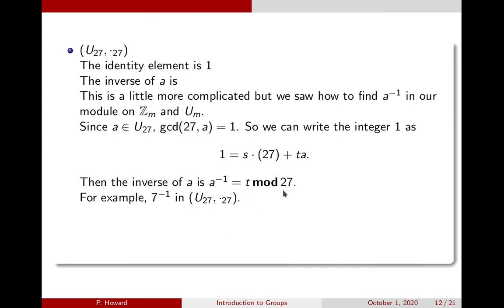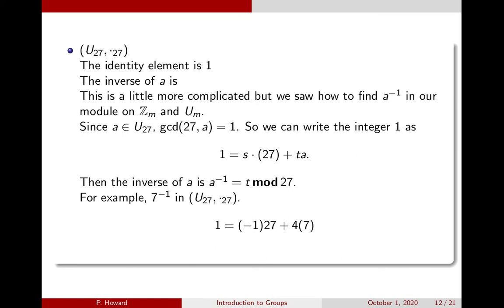So a quick example with numbers, if we want to find 7 inverse in U27, we first have to write 1 as a linear combination of 27 and 7. This we saw how to do when talking about Bézout's lemma. Right, we do it by repeatedly using the division algorithm and then working backwards.